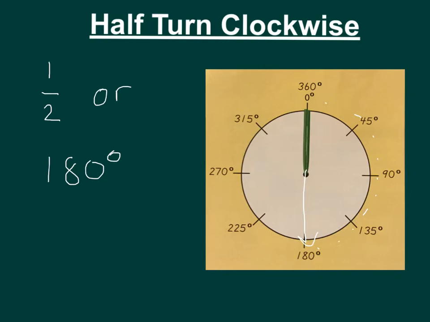What type of shape does our rays make now? If you said a line, you're correct. Notice our rays go in both directions forever.